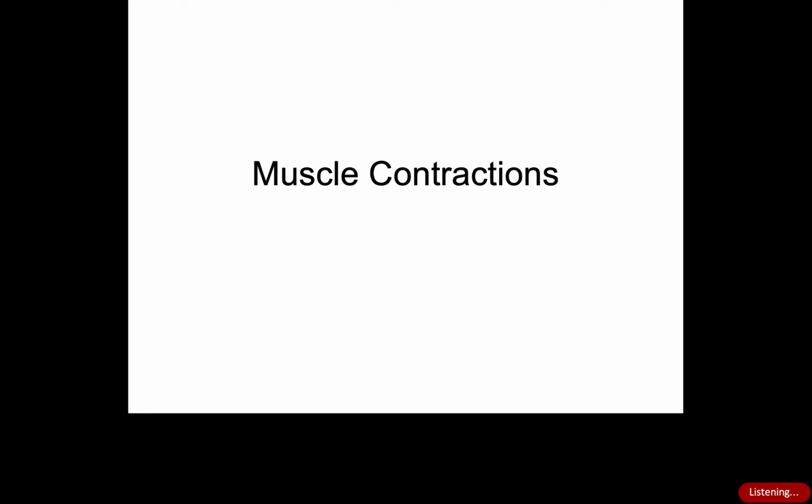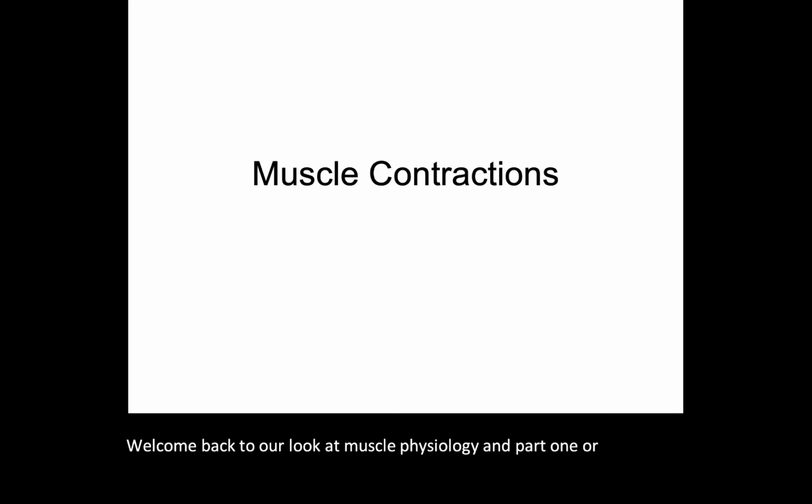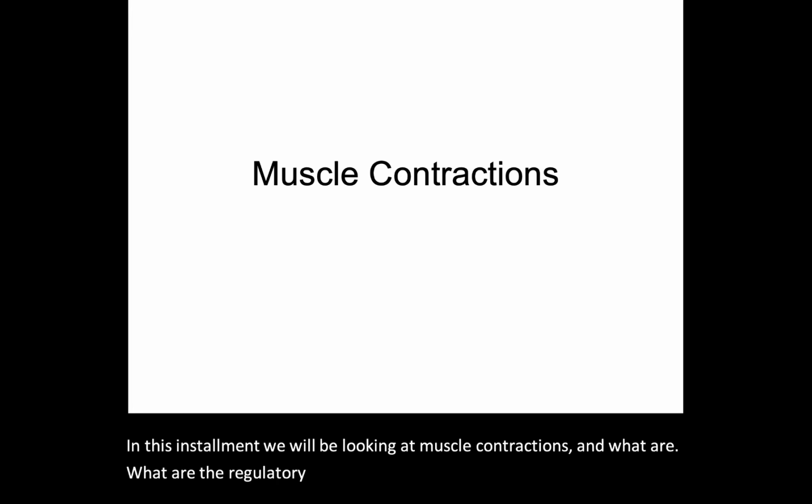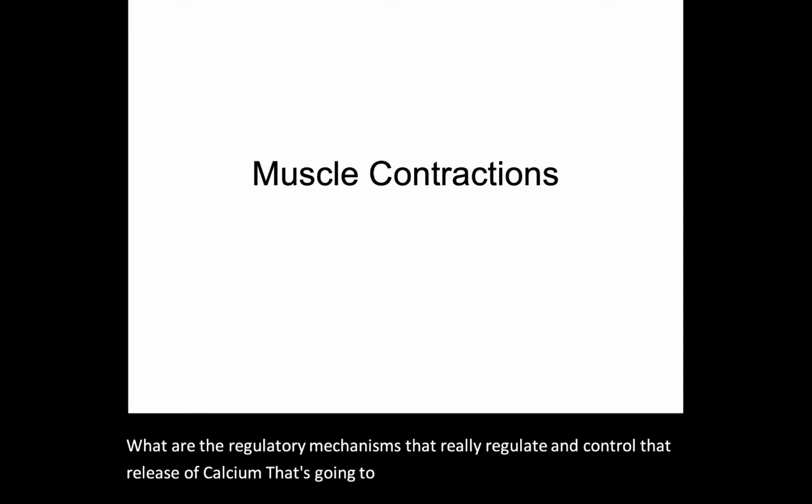Welcome back to our look at muscle physiology and part 4 of our video series on muscle physiology. In this installment, we will be looking at muscle contractions and the regulatory mechanisms that control the release of calcium that's going to lead to the eventual contraction.